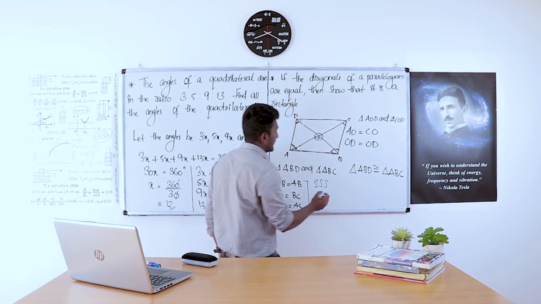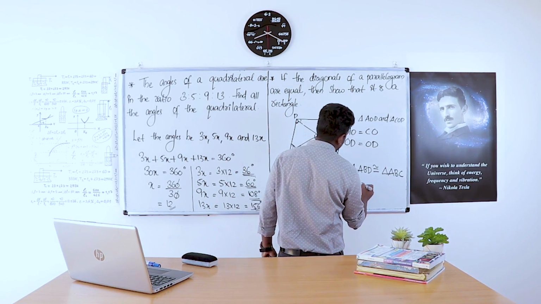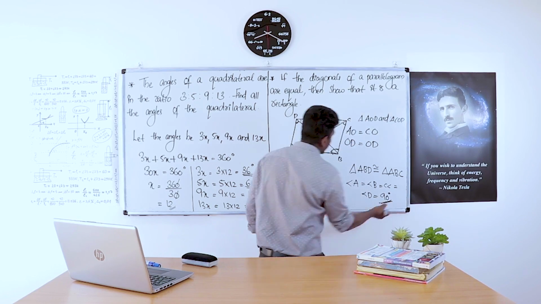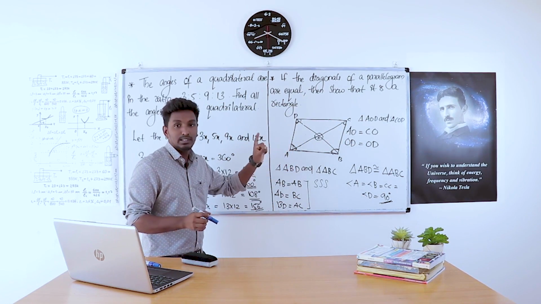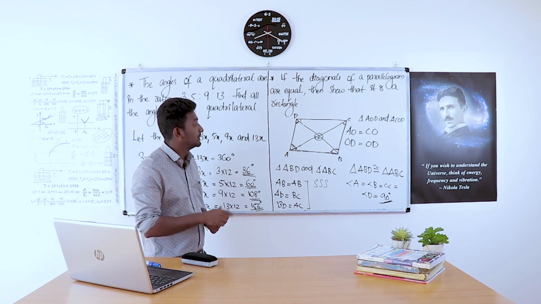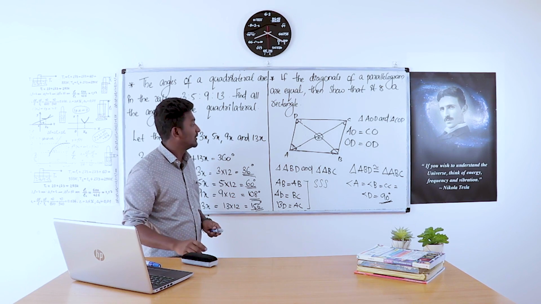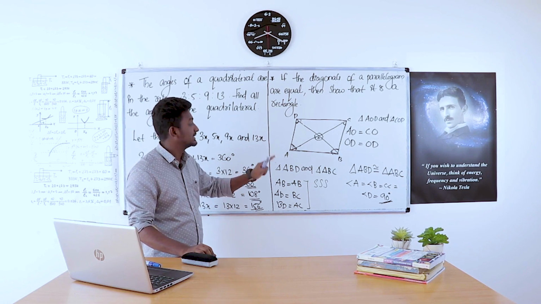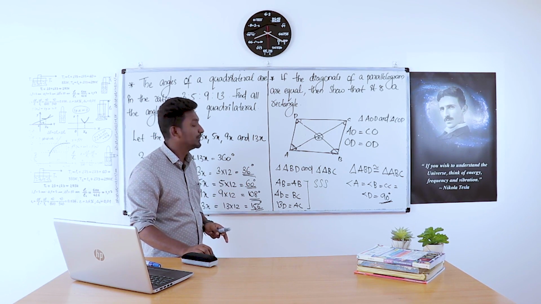Therefore, angle A is equal to angle B is equal to angle C is equal to angle D is equal to 90 degrees. From the property of a parallelogram, opposite angles are equal. So if both these angles are equal, then each will become 90 degrees.